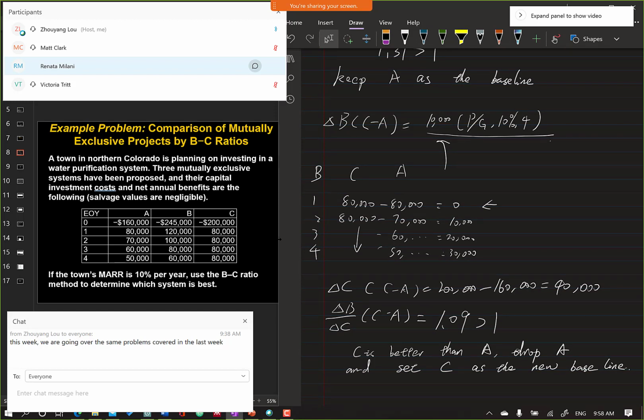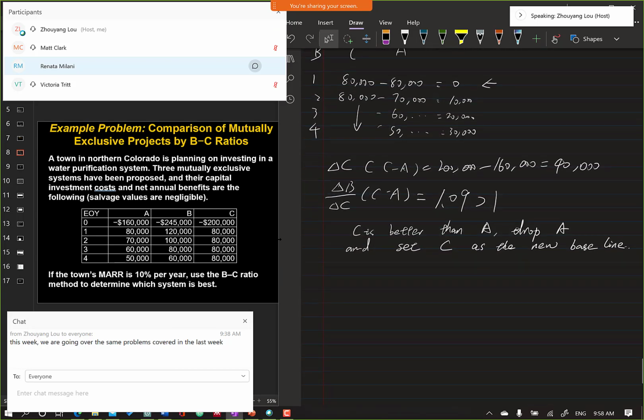Since I think it's similar to the previous one, actually we don't need any other manipulations, so it's very straightforward. So let's move on.